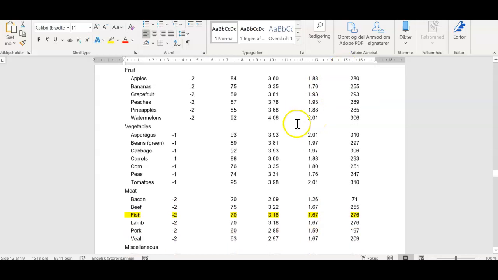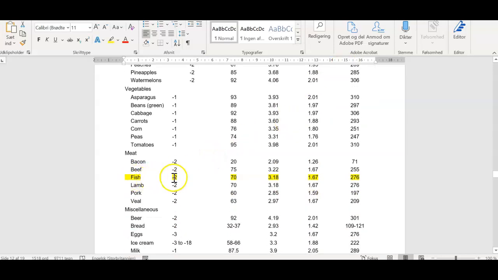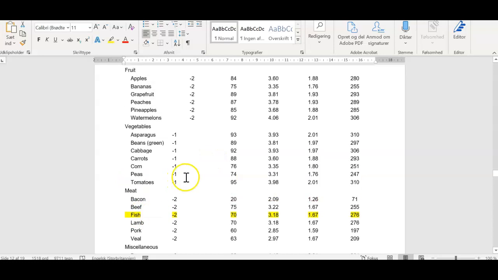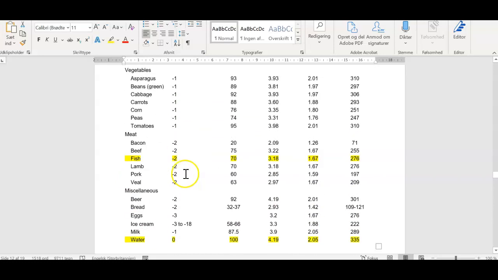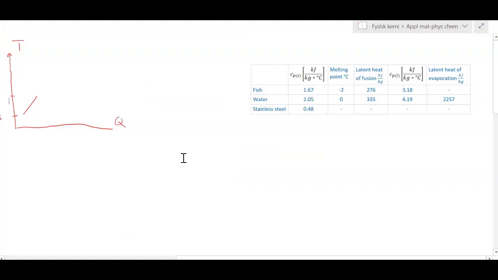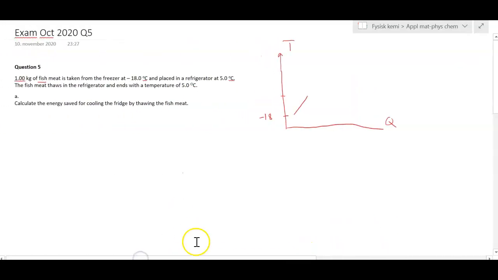So the freezing point of fish is minus 2 degrees centigrade. So that is the first thing that we have to notice. We could, for example, write it into a table like this to get an overview of what we are looking at. But anyhow, we are having minus 2 degrees here.